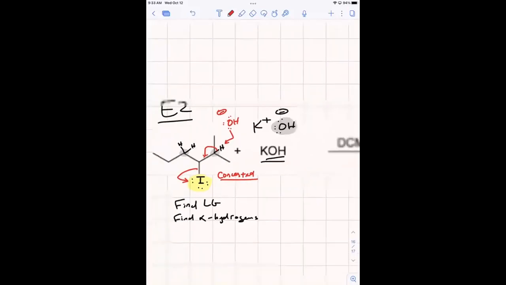It's concerted. If I ask you what the rate law was for this reaction, if you know it's concerted and the base and the substrate are both involved in the rate determining step, which is the loss of the leaving group, what would you say the rate law was?